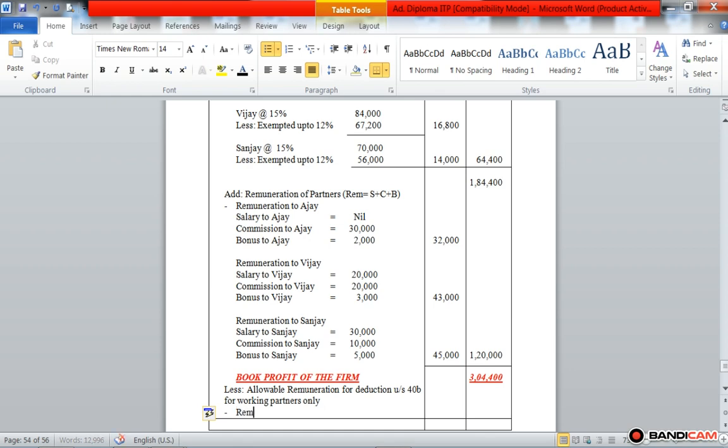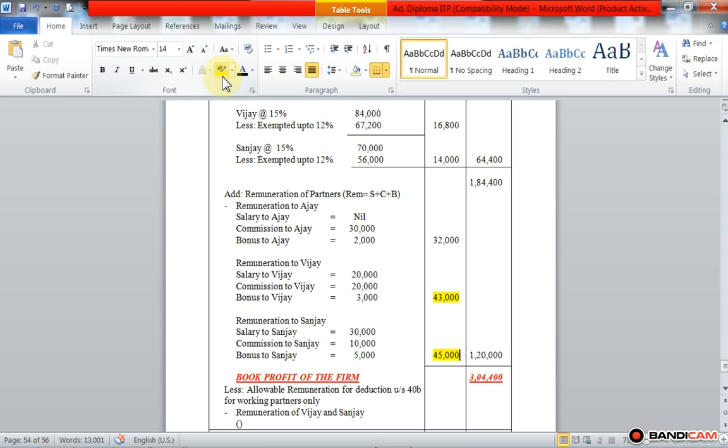So the remuneration of Vijay and Sanjay, that is 43,000, which we already computed as the remuneration of Vijay, and the remuneration of Sanjay, because these two are the working partners.